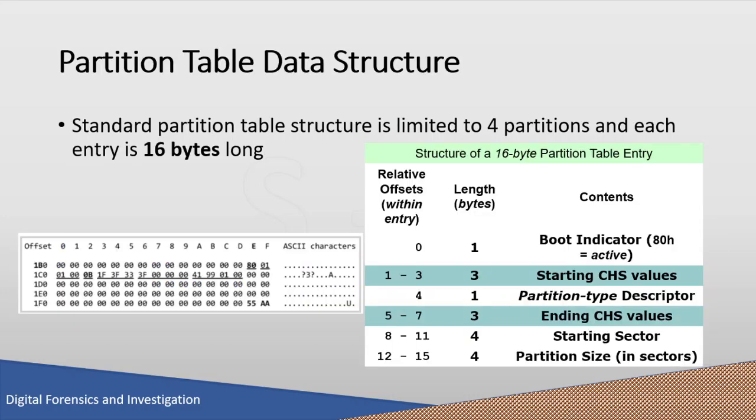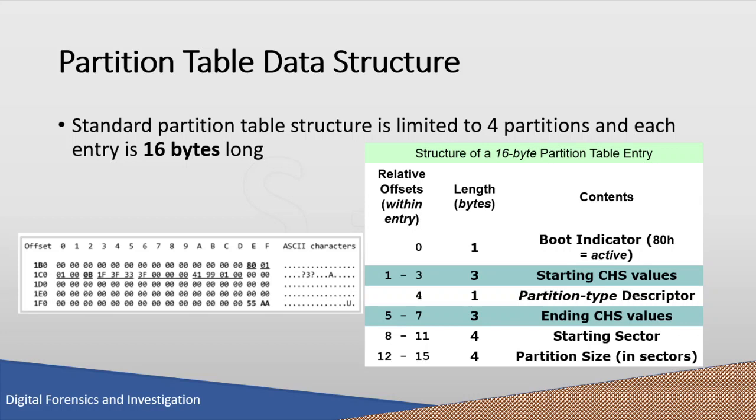Both MBR and extended boot record use the same general format for entries in that partition table. Since disk editors often display 16 bytes per line, starting with offset values of all zeros, and the partition table begins at the offset value of 1BE within that sector, it is very likely that you will see the entries overlapping each display line.